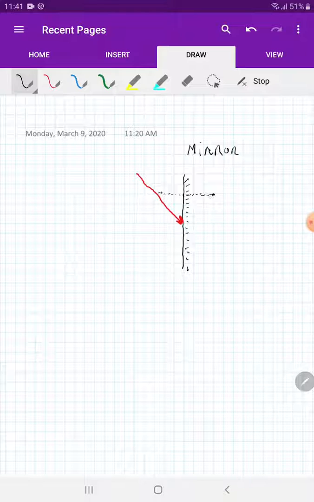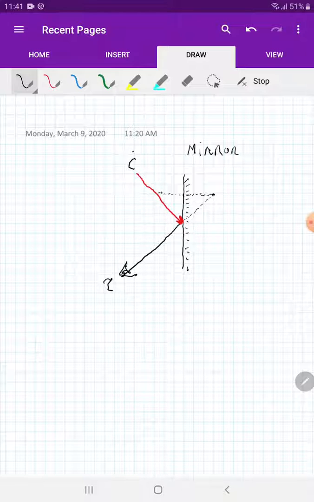Now we can draw our reflected ray. We draw a straight line to the point where the line of incident is hitting the mirror, and we draw our line straight forward. So this is our incident ray and this is our reflected ray.